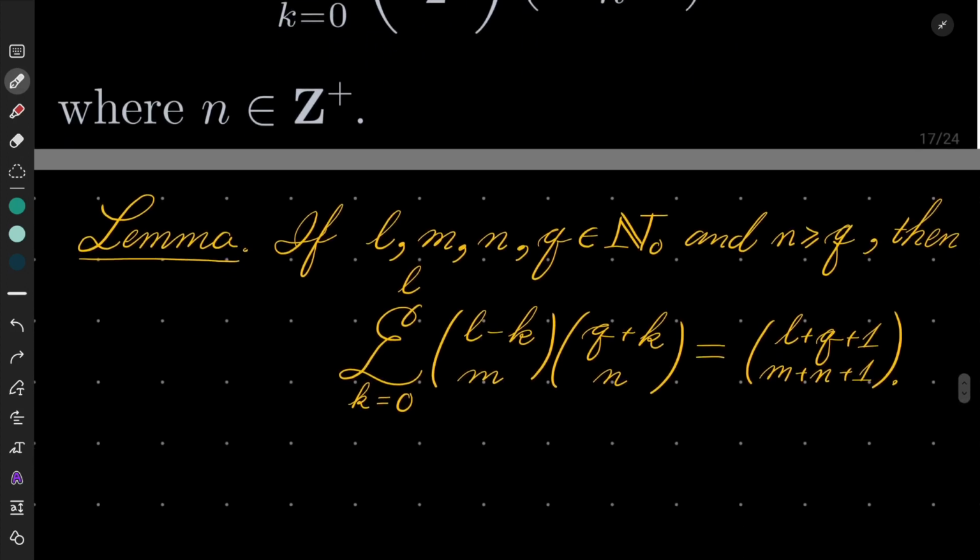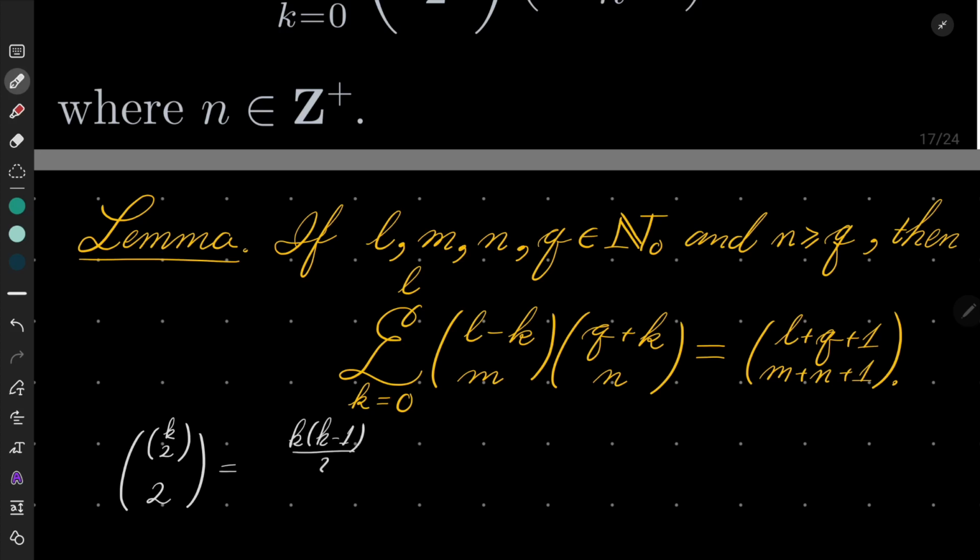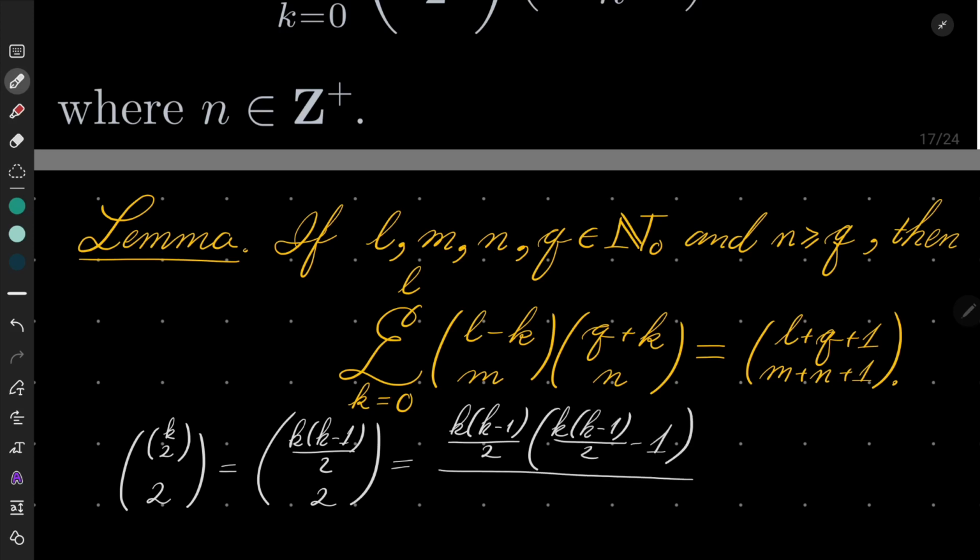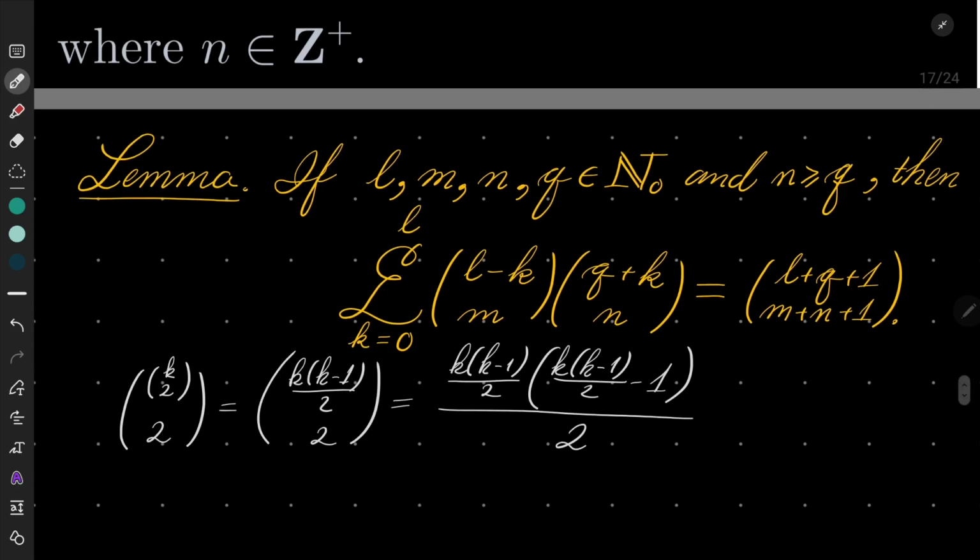Okay, so first of all, we have k choose 2 choose 2. K choose 2 is k times k minus 1 over 2 choose 2. And again, expanding this symbol, we will get k times k minus 1 over 2 times k times k minus 1 over 2 minus 1, all over 2.